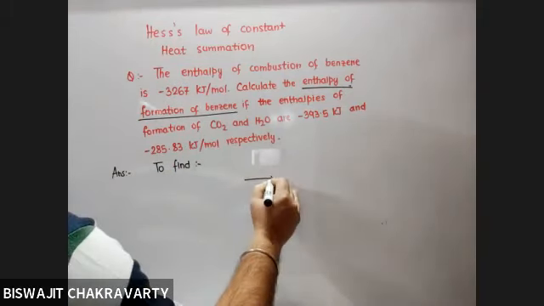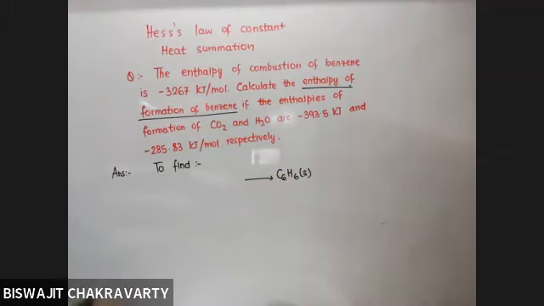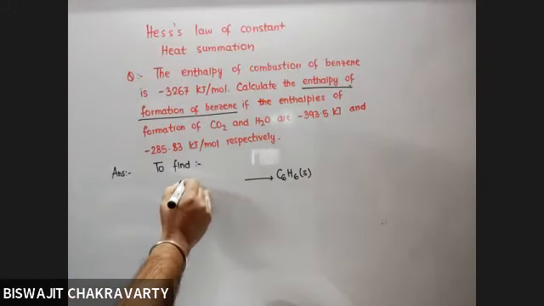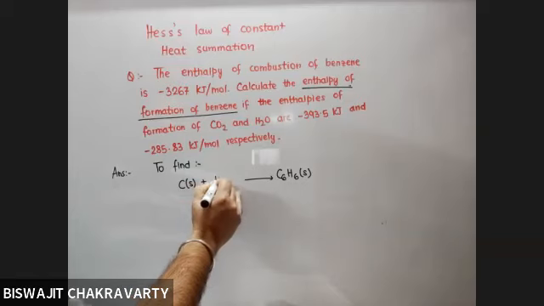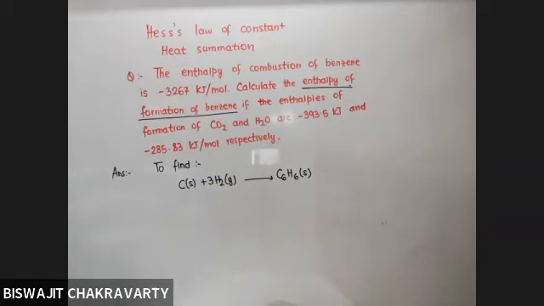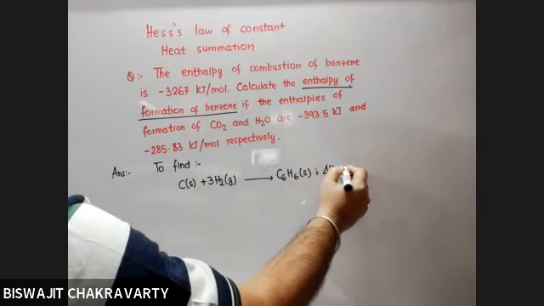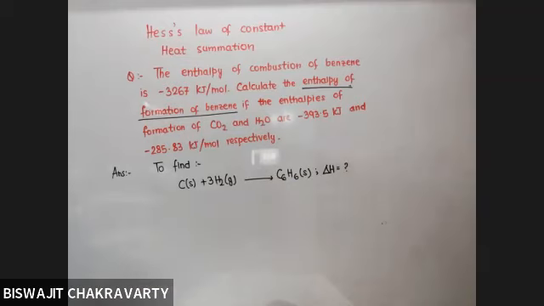Last class we discussed that anything when it is formed should be formed from the constituent elements. What are the elements responsible in the formation of benzene? Carbon and hydrogen. So if we balance it, for this reaction delta H needs to be calculated.